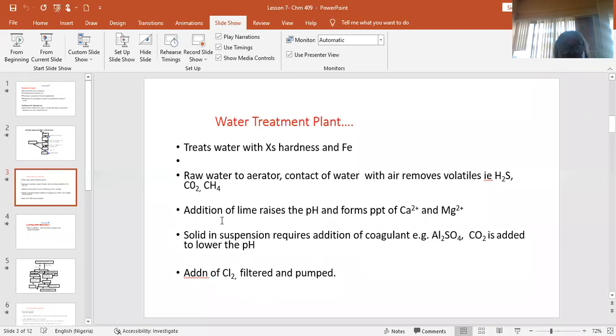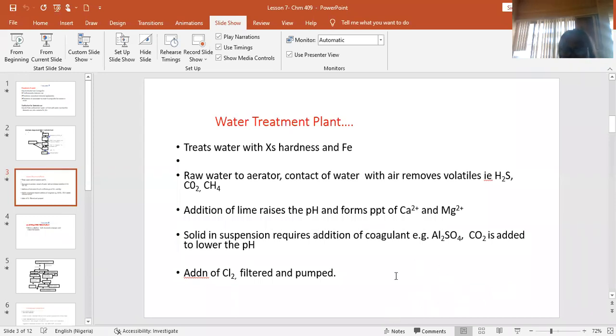This is what water treatment plants, be it Lagos State Water Treatment Plant or your state water, normally have to go through. So you as chemists, you as scientists, need to know how the water treatment goes. After we have got this pure water, we take it to the lab to analyze all the parameters we talked about, looking at quality water.